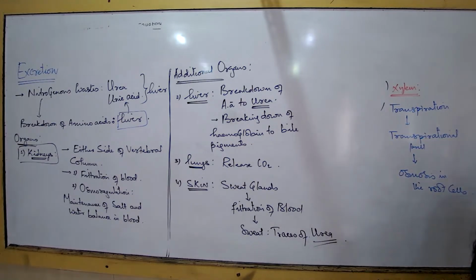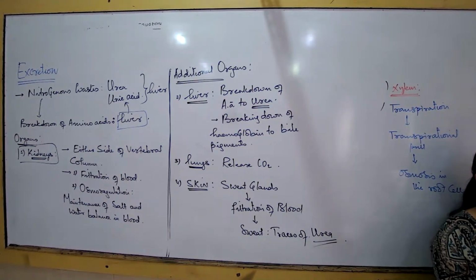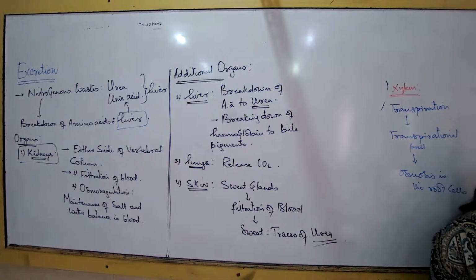Okay, now I talk about the aorta again. It is the same concept, that the aorta will carry oxygenated blood away from the heart. From where is the aorta arising? The left side of the heart, which we have already studied, carries oxygenated blood.